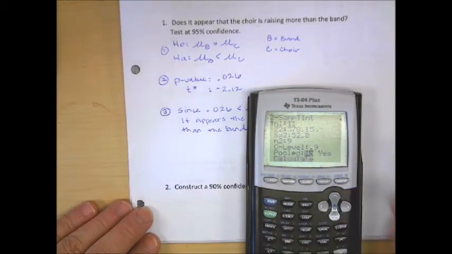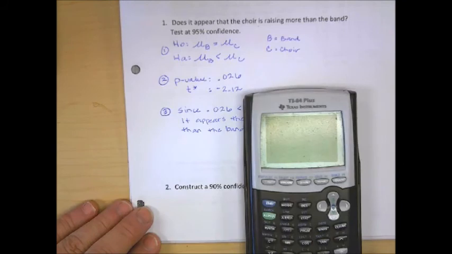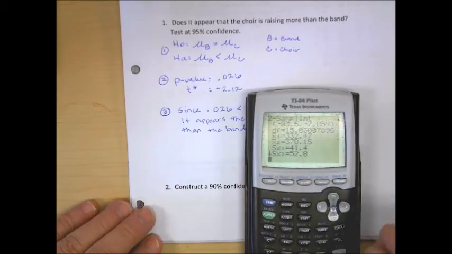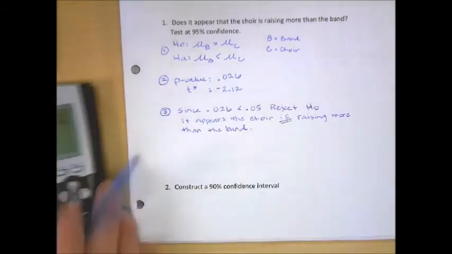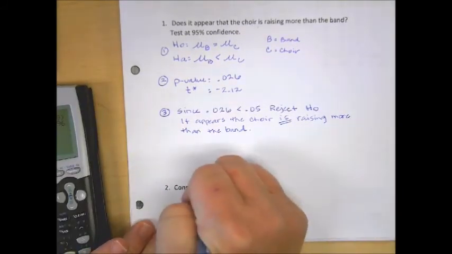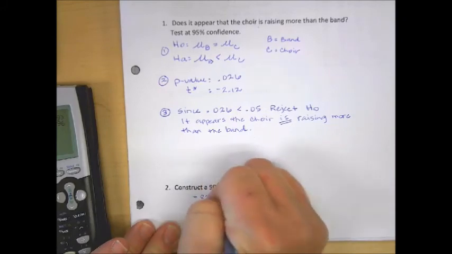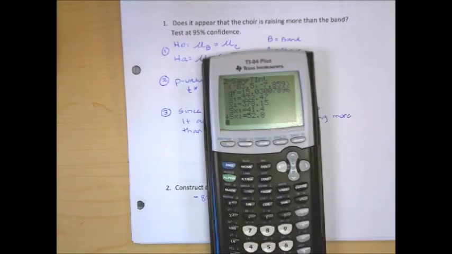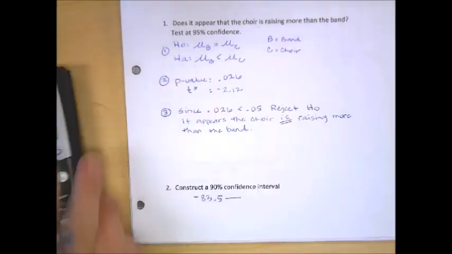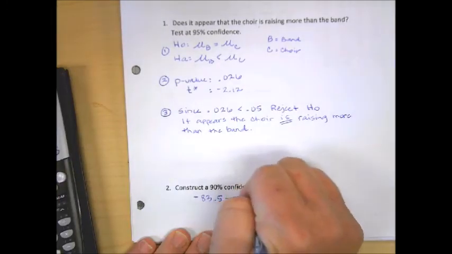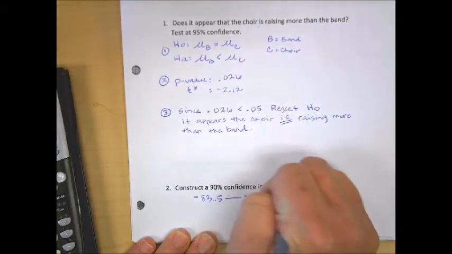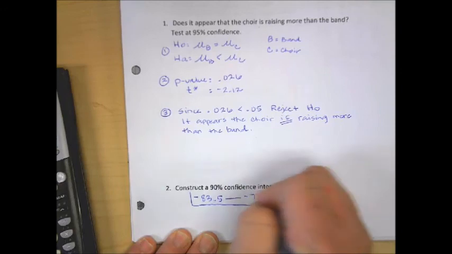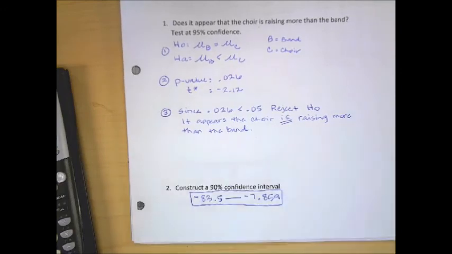And we're going to get negative 83.5 on the low side, and on the high side, negative 7.859. That's our confidence interval. So we pretty much have a similar result as we had before.